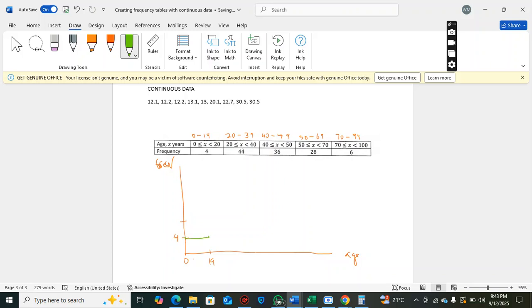Okay, so from 0 to 19, that is 4 students. The next one is from 20 to 39. That is 44 students.